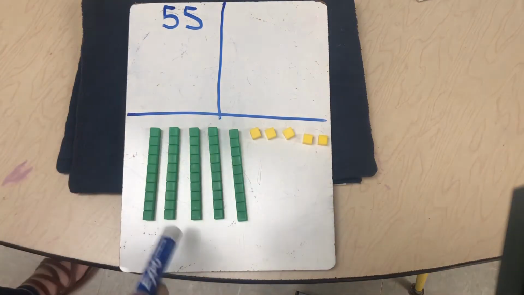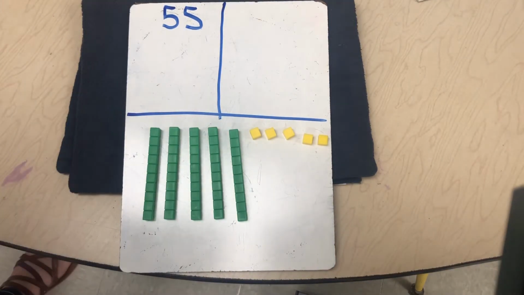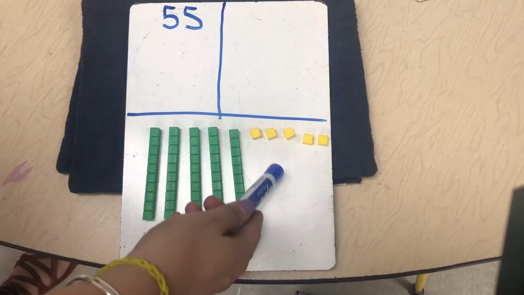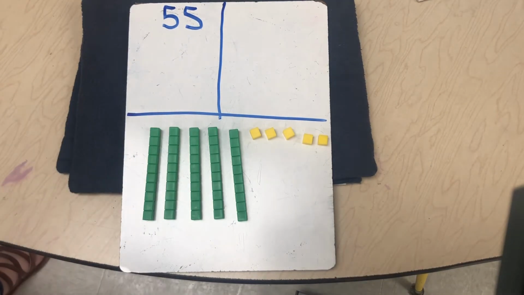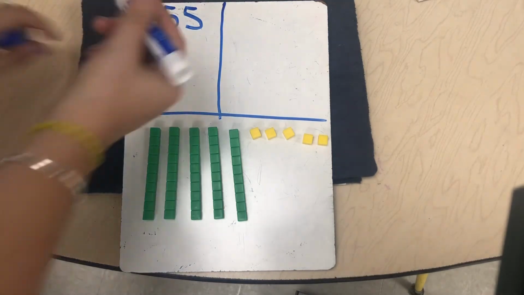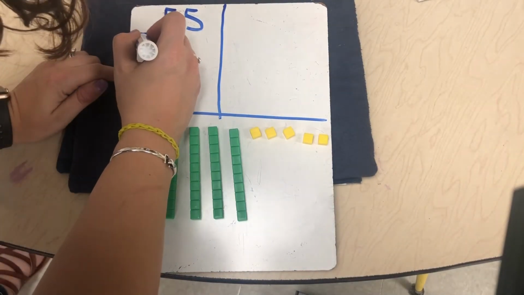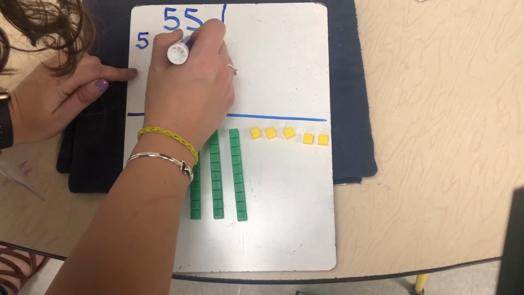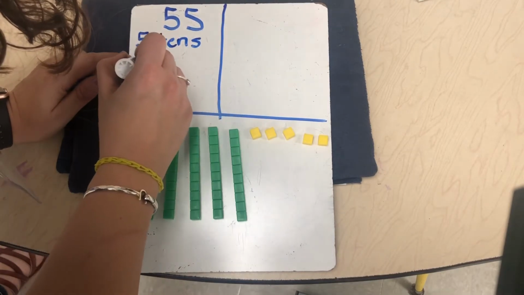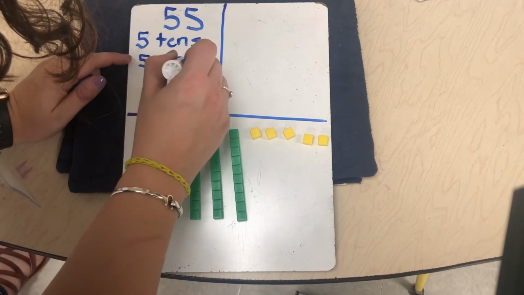Notice with the green blocks, I counted by tens, and with the yellow small blocks, I counted by ones, because there's a 5 in the tens place and a 5 in the ones place. So you're going to write 5 tens, 5 ones.